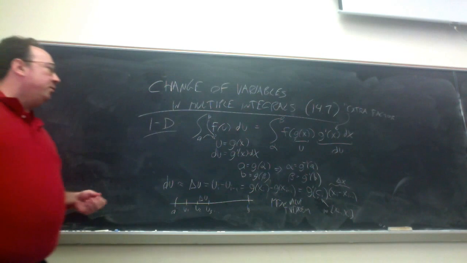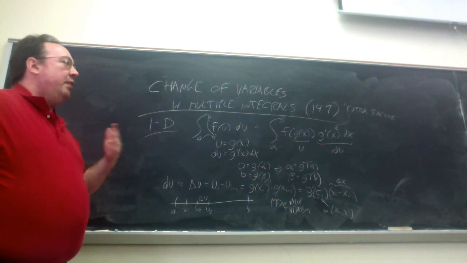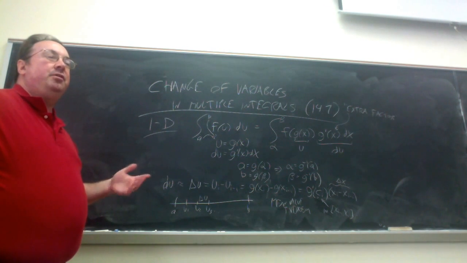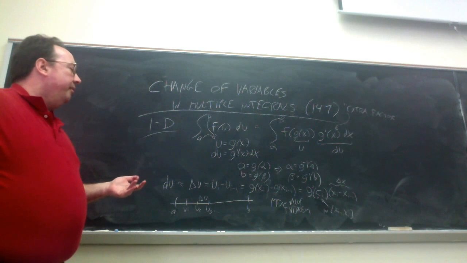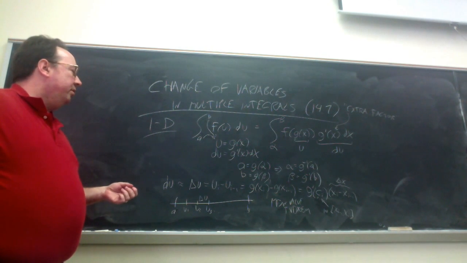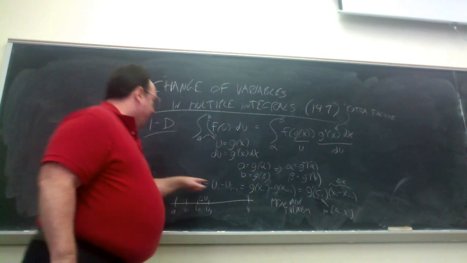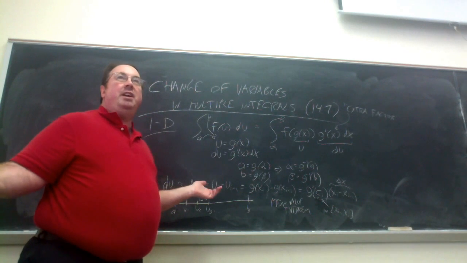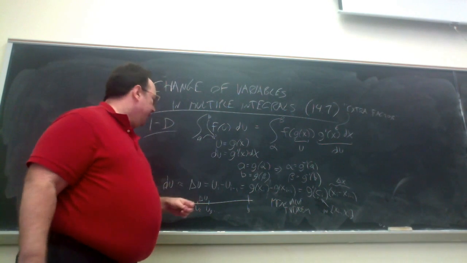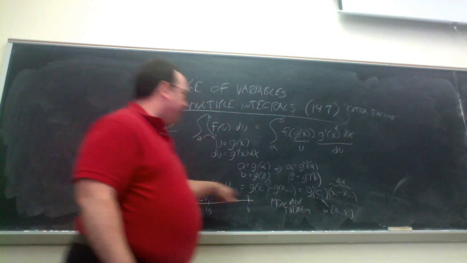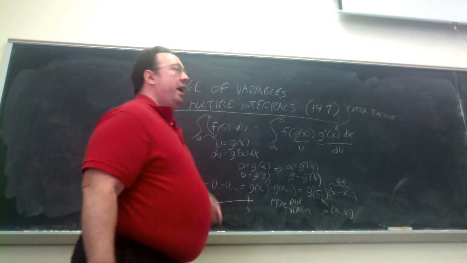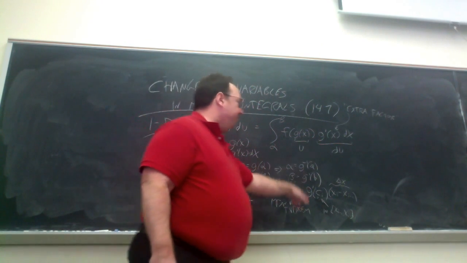So that's for a single integral, but how do we handle the same kind of change of variables when it's a double or a triple integral? Because all we're dealing with here, we're in one dimension, so we're dealing with lengths. We have a length scale for u, and then we have a different length scale for x. And then a derivative is your way of converting.